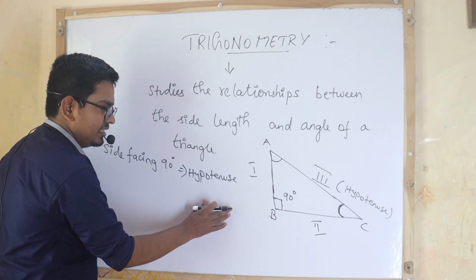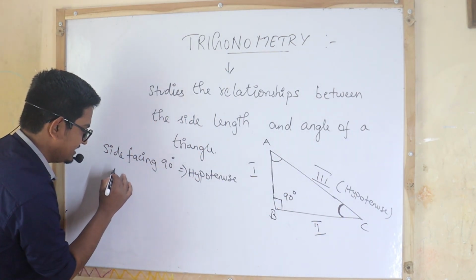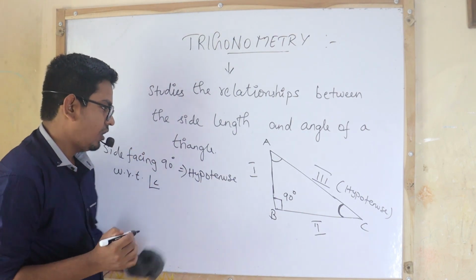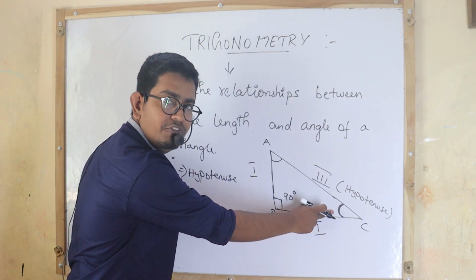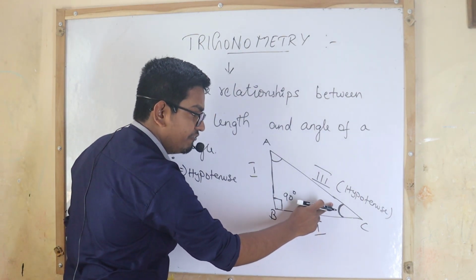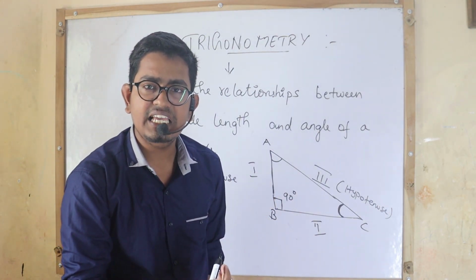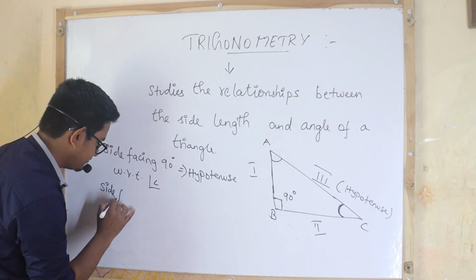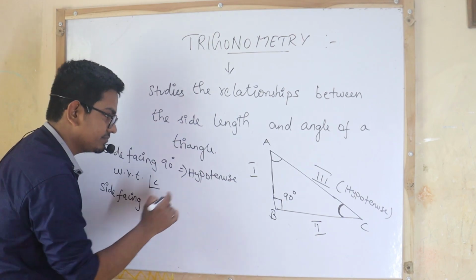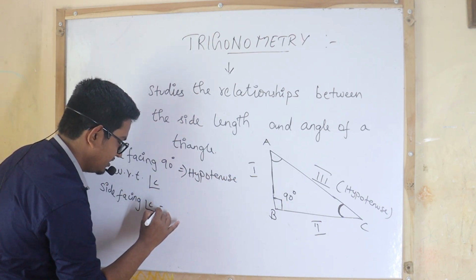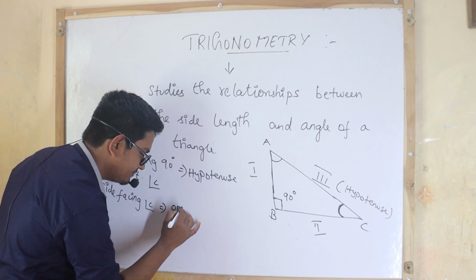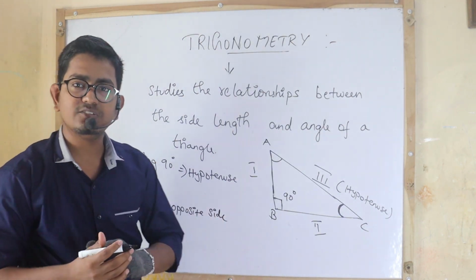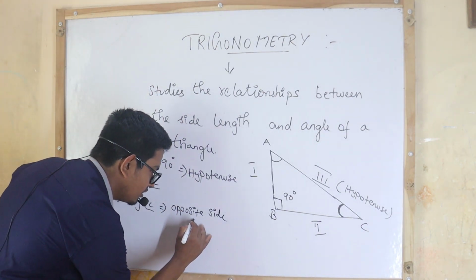So let us first understand: with respect to angle C, the side facing angle C is known as the opposite side. This opposite side is also known as the perpendicular side.